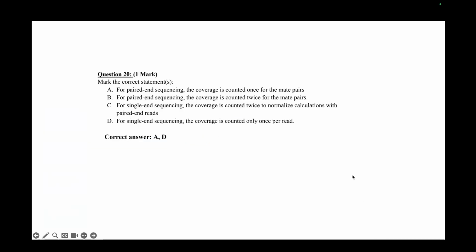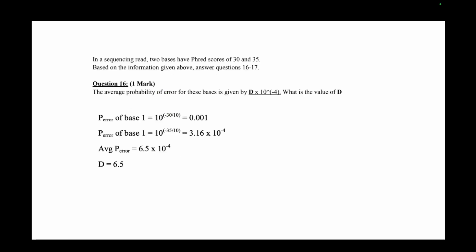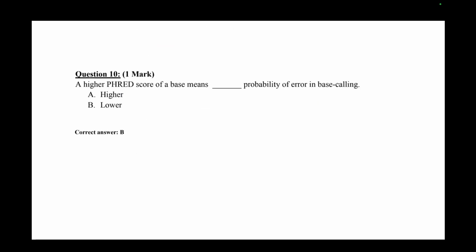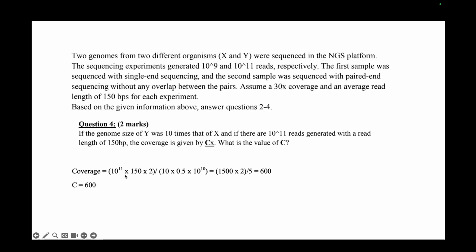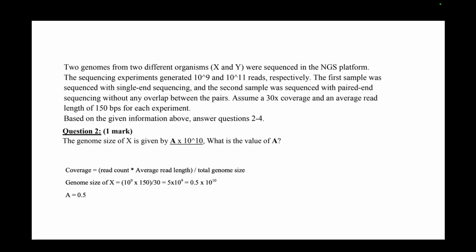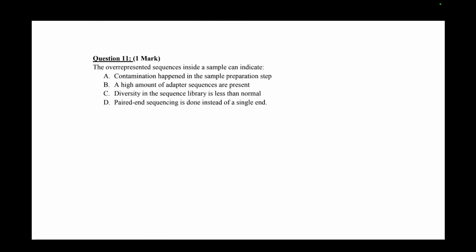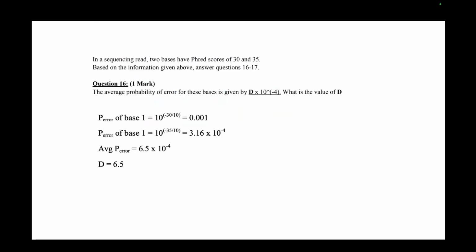For paired end sequencing, the coverage is counted twice for the mate pairs. If you remember this one, the answer was disputable, but if you check, we calculated it for twice, so 150 into 2, because the second sample was paired end. For paired end sequencing, we calculate the read length as twice the initial read length. So it's actually both A and D.